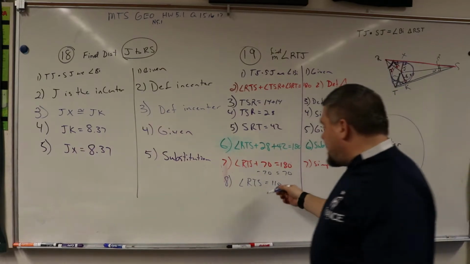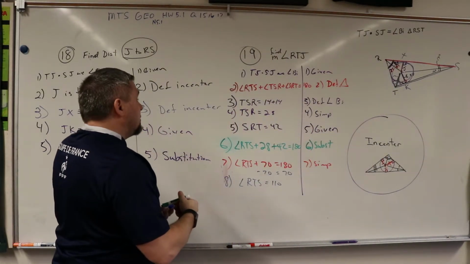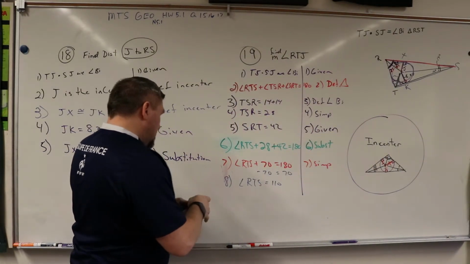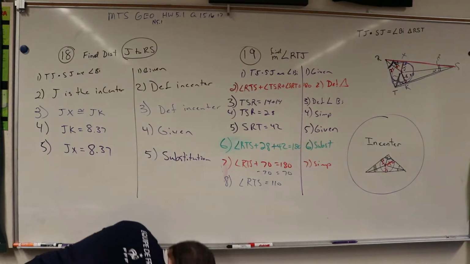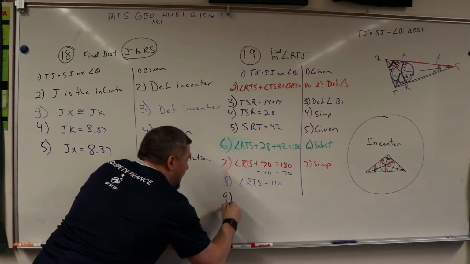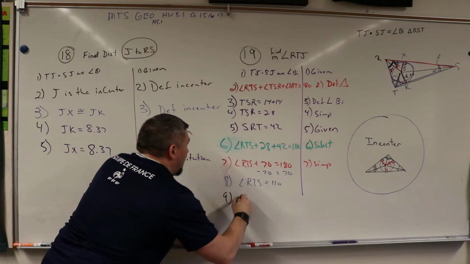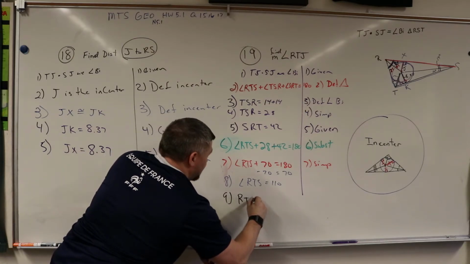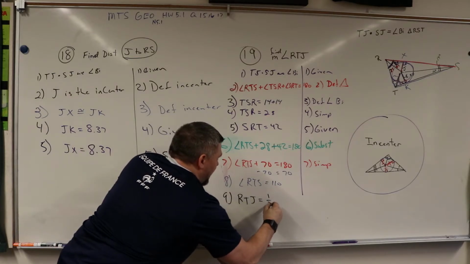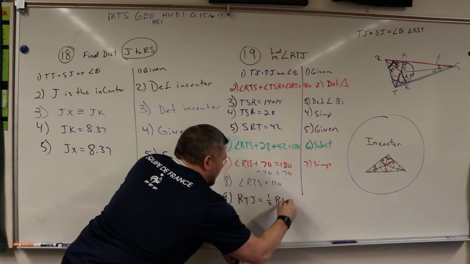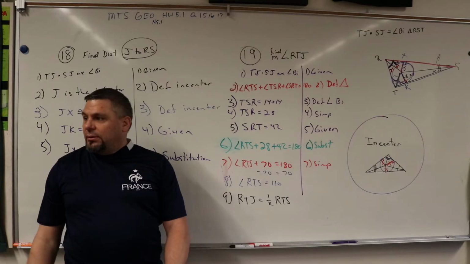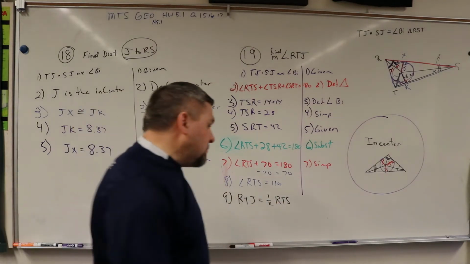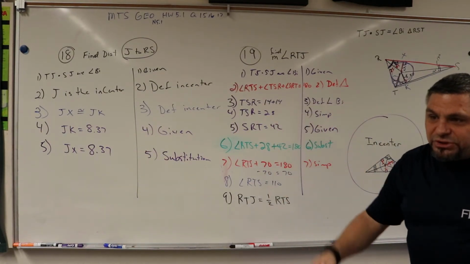So that just means that number 9, RTJ is 1/2 of RTS. Or 0.5, sure.